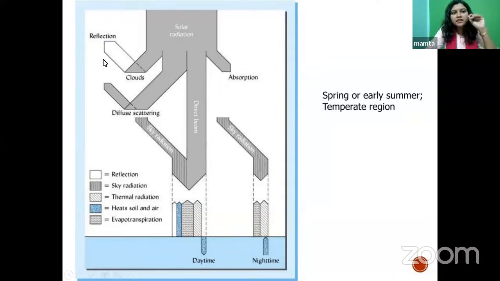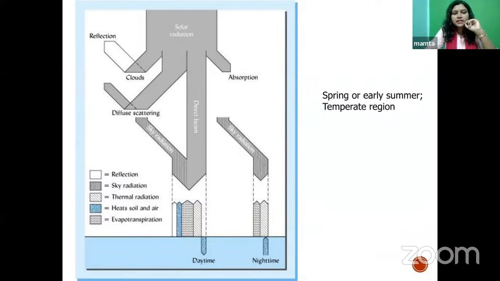There is a difference between reflection and diffuse scattering. You have studied in class 9th or 10th the basic law of reflection: whatever angle it is incident at, reflection occurs at the same angle but in the opposite direction. That is the reflection, also called specular reflection.